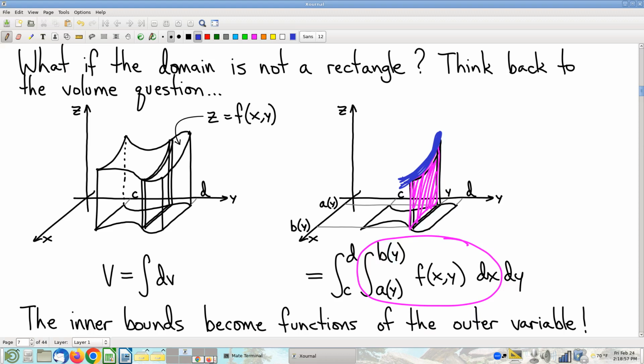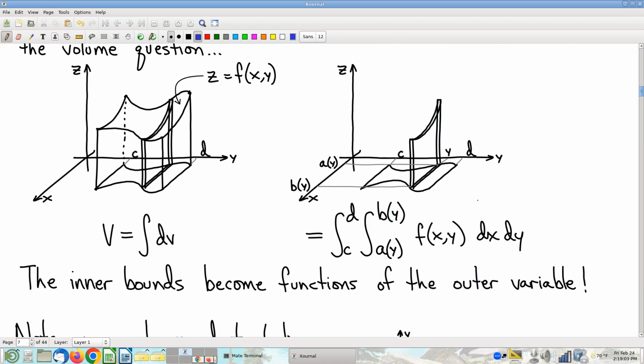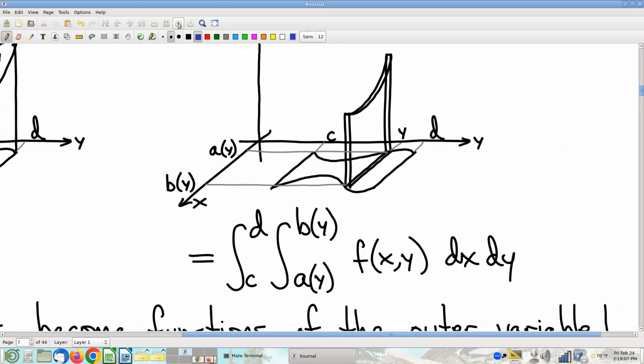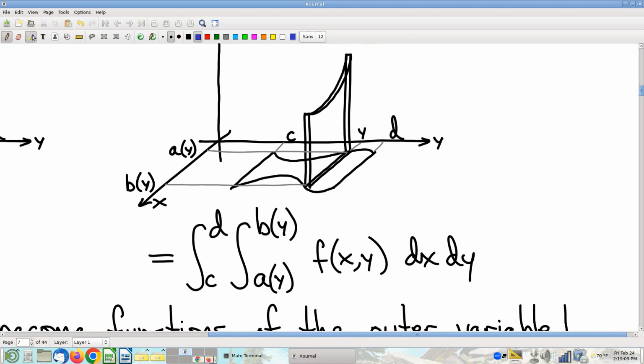Except for one thing. There's a little micro detail that does change. It's just a micro little logistical point. But if you look at these inside bounds, and I'm going to zoom so we can see a little bit better here, this inside bound right here, for example, a of y. Notice I'm claiming that it depends on y. Depends on where I am in my outside slicing process.